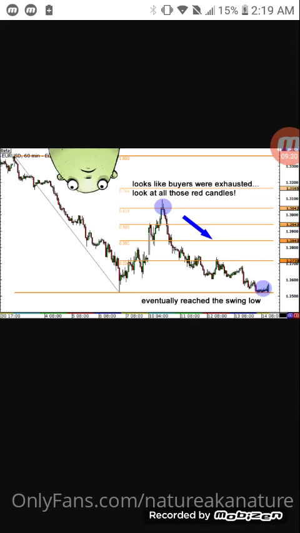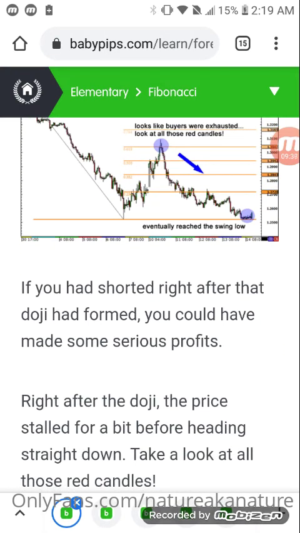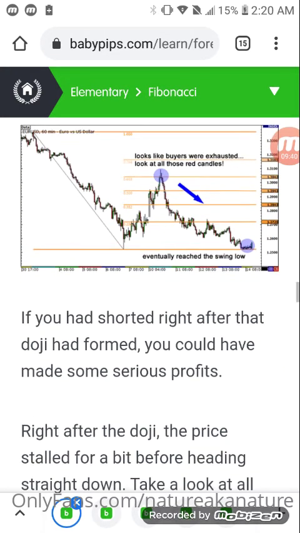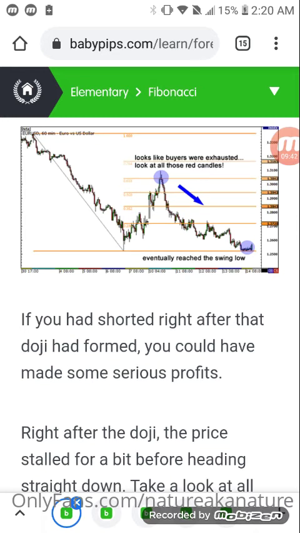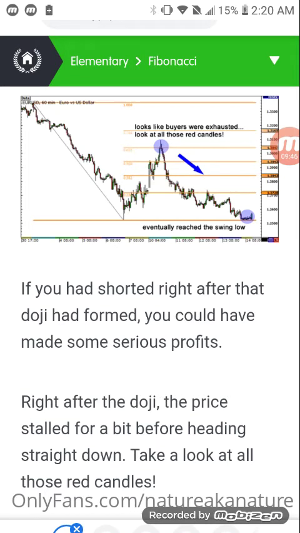This would have been a very profitable trade, like 400 or 500 pips. If you had shorted right after that doji formed on the 61.8 level, you could have made some serious profit. Right after the doji, price stalled for a bit before heading straight down.